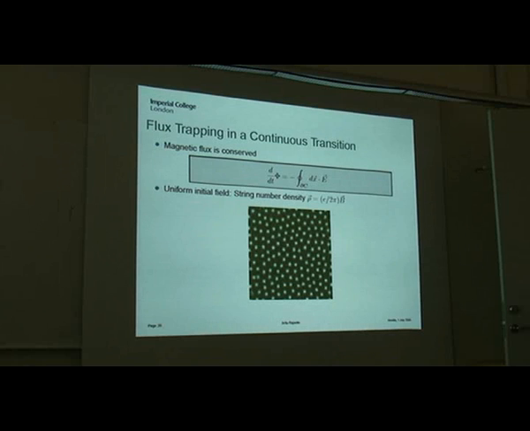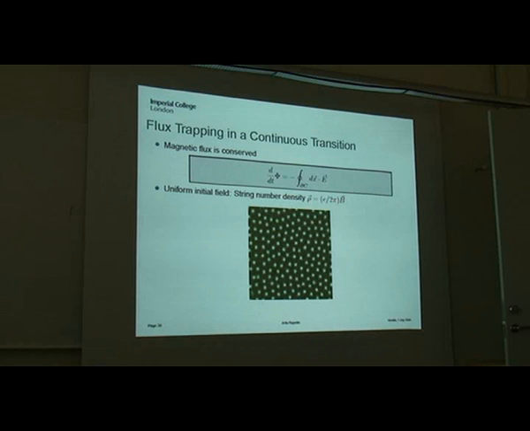The only thing it can do is to form a lattice of strings, a bundle of strings with number density just the magnetic field B divided by the flux quantum.